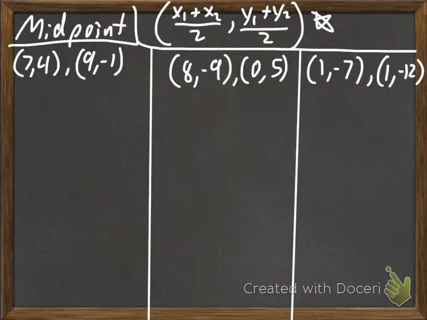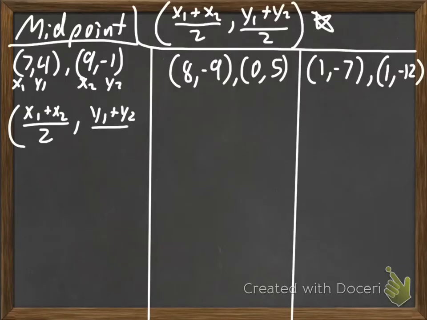So, first thing you should do, with your two endpoints, after you have them written down, is label them x1, y1, x2, y2. You may think, oh, I don't need to do that. Trust me, it helps. Helps you remember. So now all you have to do is look at the formula and plug it in. With our x1 plus x2 divided by 2 and our y1 plus y2 divided by 2, we can just plug in the numbers.